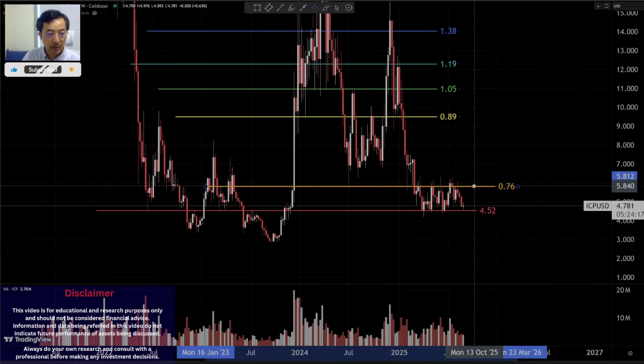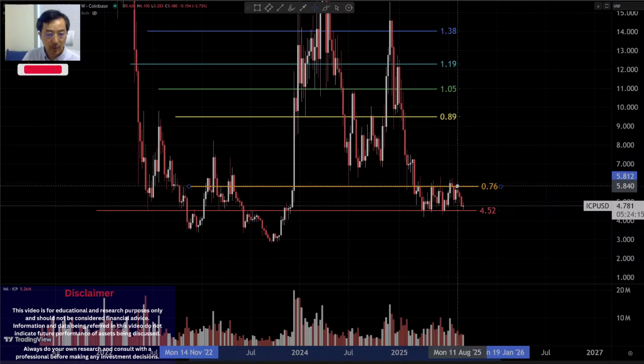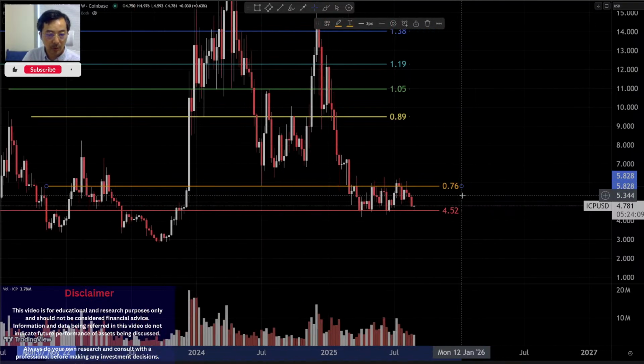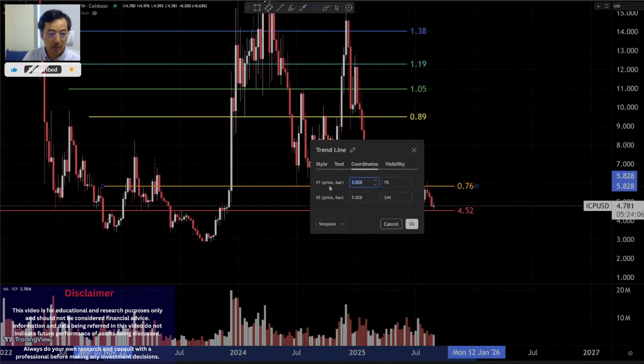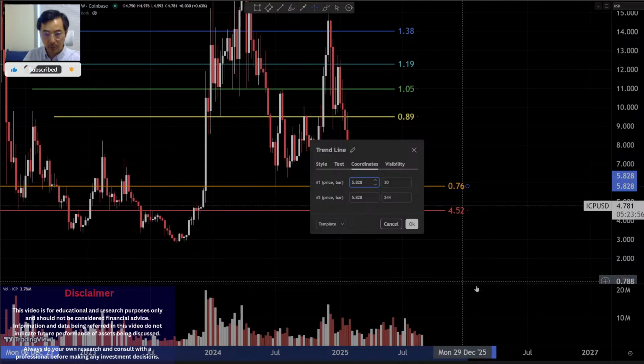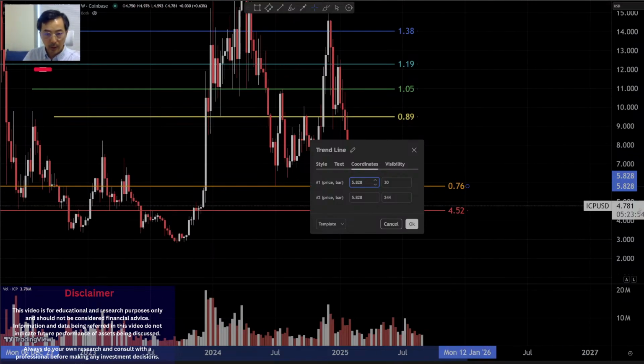Again, similar principle. I usually look at whether there are 4 or more reference points for me to set a key level. It should go to, let's say, 30 again, so it covers enough width. And the price is 5.82.